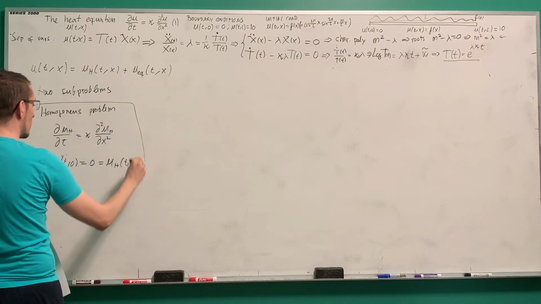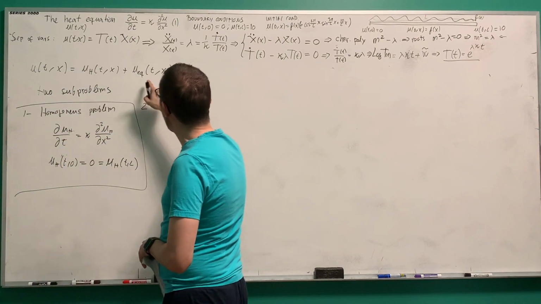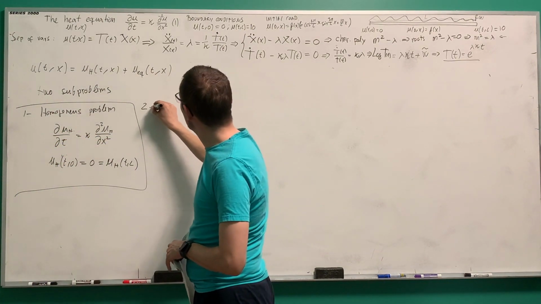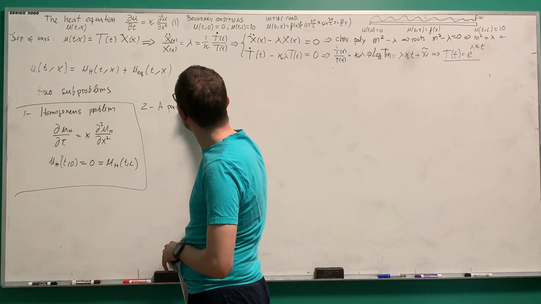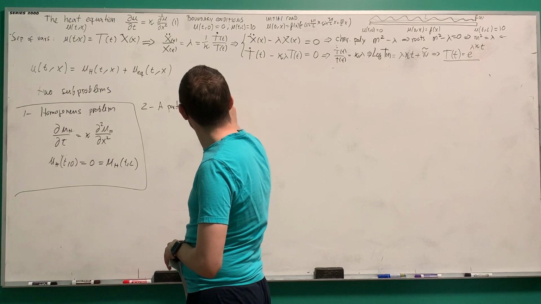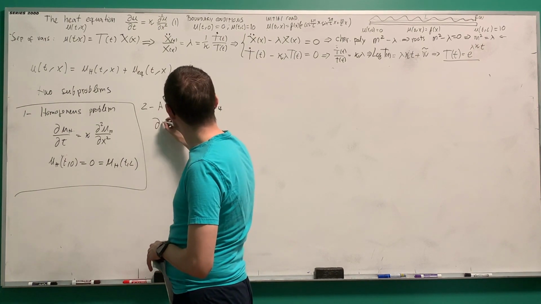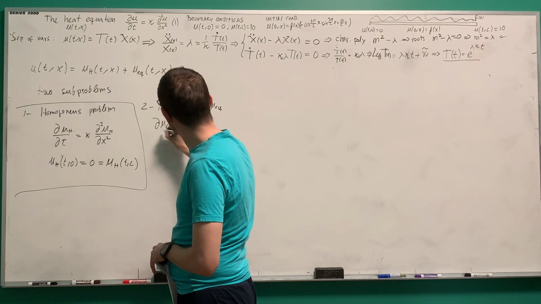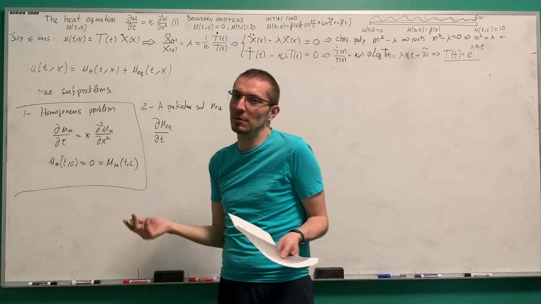So first, the homogeneous problem that satisfies that, and then I'm going to add a particular solution, u_p(x), on which I'm going to put the burden of satisfying the non-homogeneous part. So again, it has to be a solution to the heat equation, otherwise the sum would not be a solution.